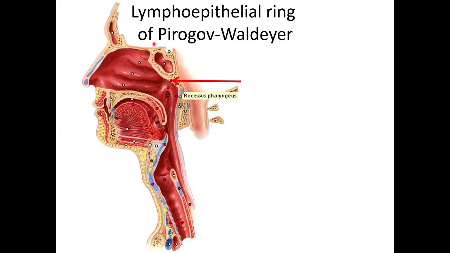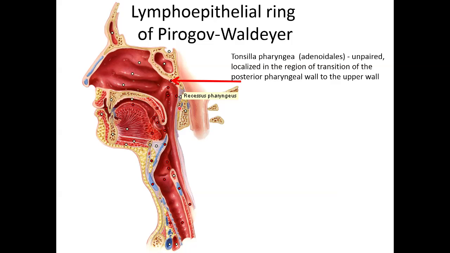So this is the superior wall, this is sinus sphenoidalis, and this is the posterior wall. So where is the change of direction of the wall? Here we can find the first tonsil, tonsilla pharyngea, or tonsilla adenoidalis.